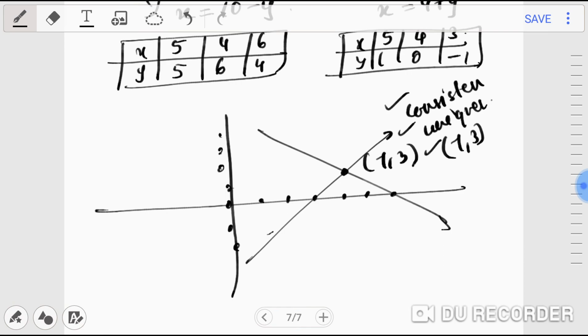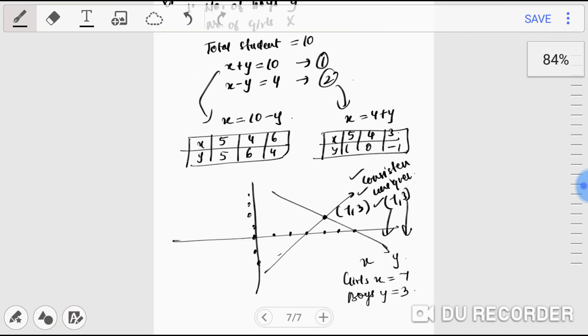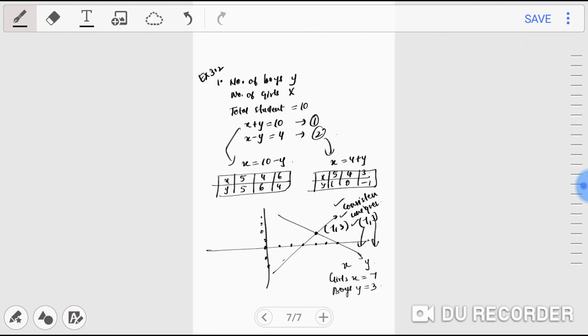So 7, 3. 7 matlab आपको x value 7 मिली है. So this is x and this is y. So from here you can say that number of girls, आपने girls x रखा था तो girls is 7 and number of boys which you have kept y is 3. Got my point clear? So if you want to note it down.